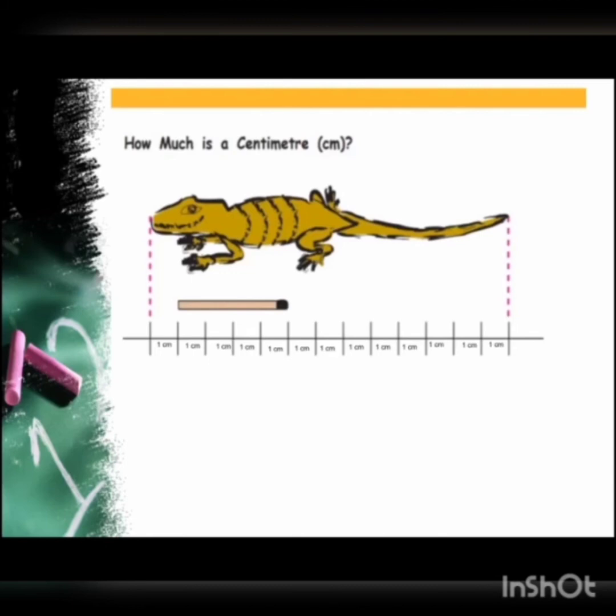So, can you find out the length of the matchstick using the given ruler? Yes. So, the length of the matchstick is 1 plus 1 plus 1 plus 1. That means 4 centimeters. So, we can say the matchstick is 4 centimeters long.